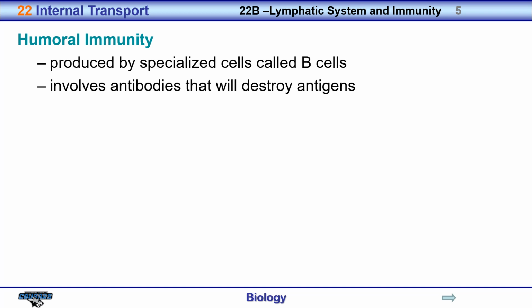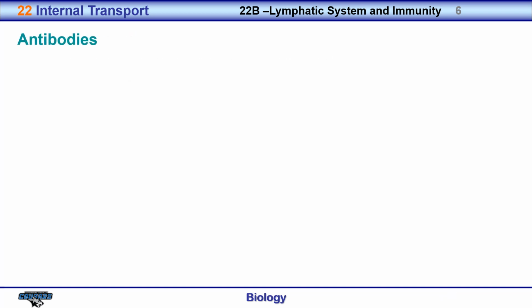Remember, antigens are the enemies. Antibodies are the things we make, the good guys that will destroy the enemy. Now, antibodies are proteins that are involved in the destruction of antigens, and they circulate through the blood by actually dissolving in the blood or even the lymph.